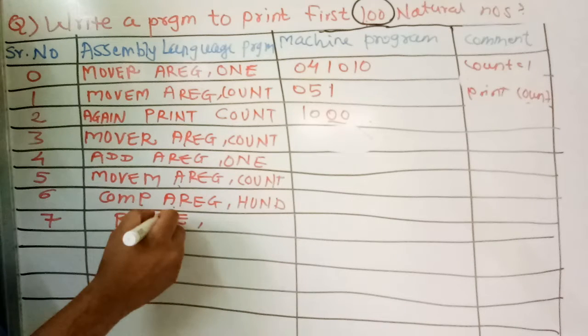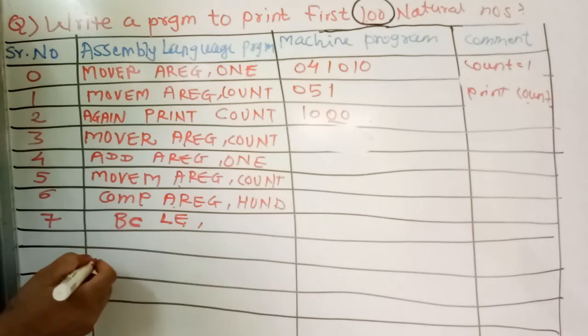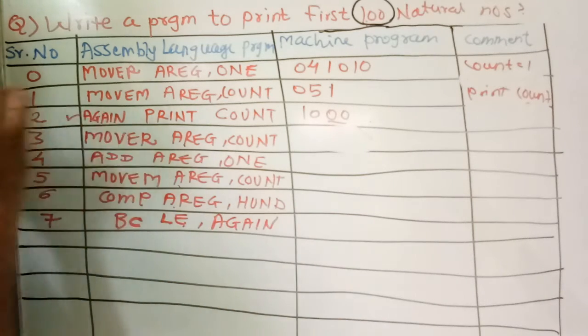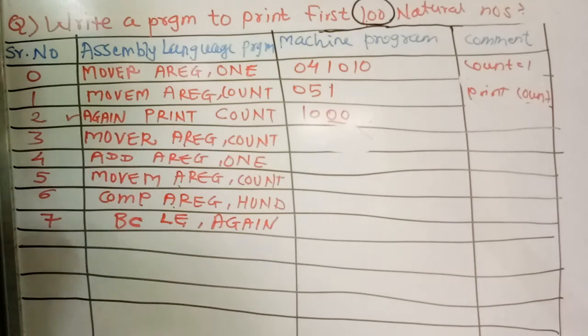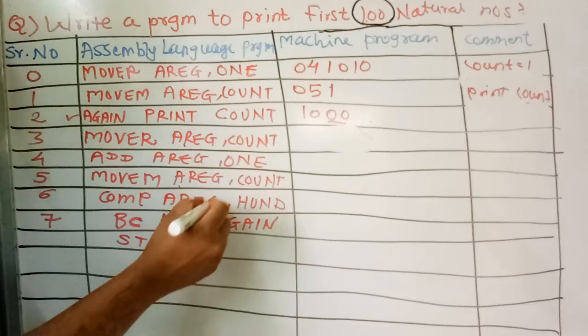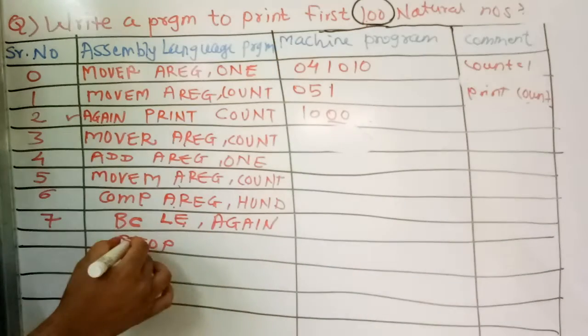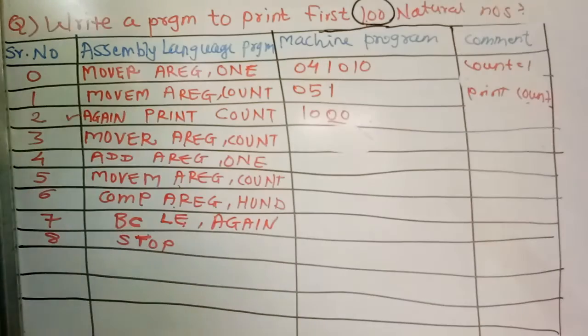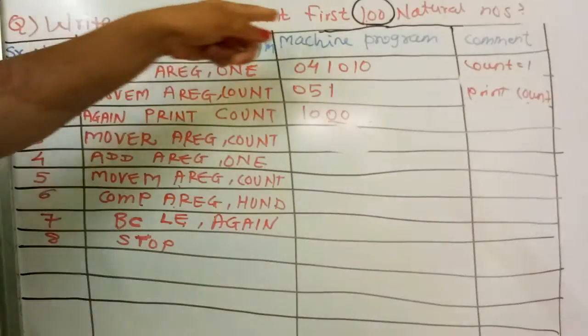If it has not reached 100, it will automatically continue, and if it has, it will stop. Now this is the program, or the procedure, for counting the first 100 natural numbers.